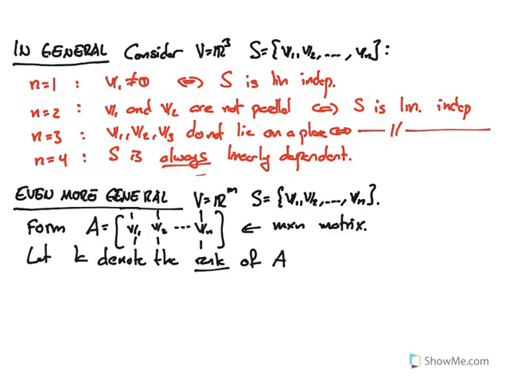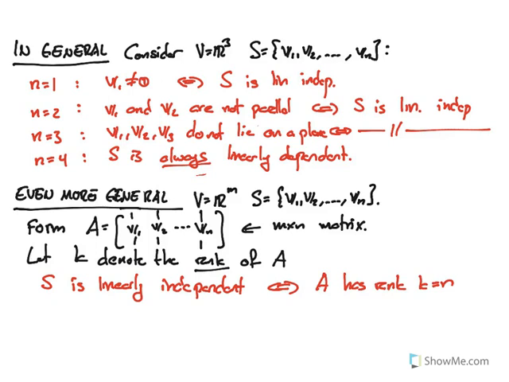So now the statement is, maybe I'll do this in red because it's important: S is linearly independent if and only if the coefficient matrix has full rank. A has rank K equal to n.